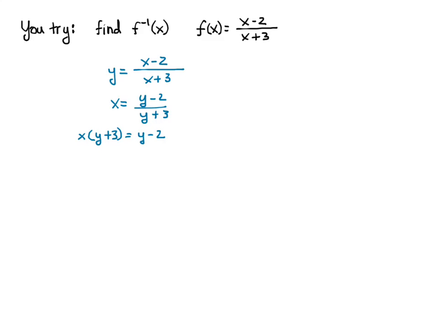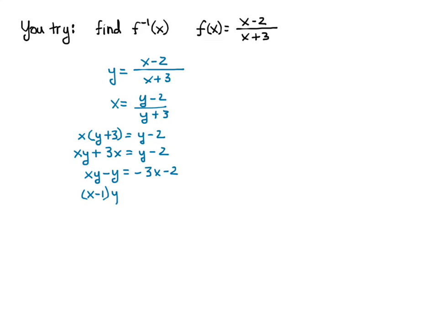Okay, and then what we're going to do is expand that parentheses on the left. And now, here's the key to this, we're going to put the y's on one side of the equation because that's what we want to solve for. Now we have xy minus y, and that factors.